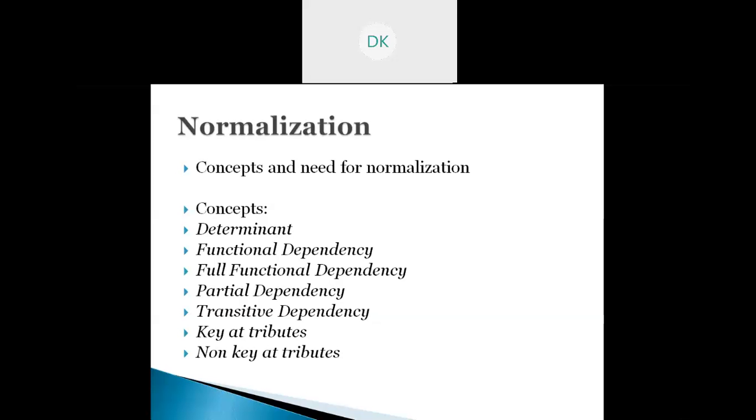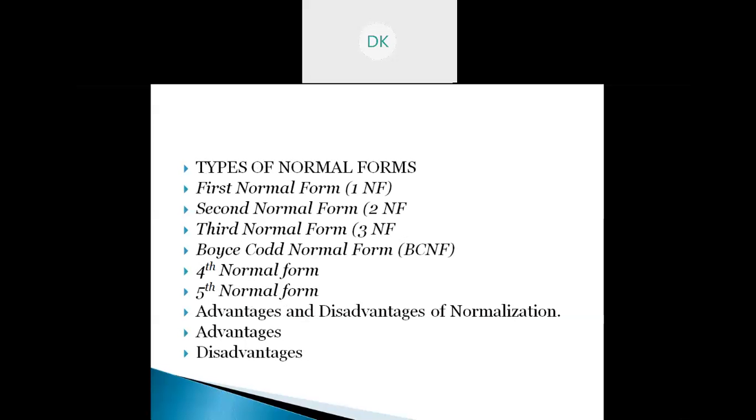Full functional dependency, partial dependency, transitive dependency is dependency through another table. Key attributes, non-key attributes. Types of normal forms, 1NF, 2NF, 3NF, these all have to be explained very pictorially. It's not feasible for this preview in the YouTube session. Fourth normal form, fifth normal form, advantages and disadvantages of normalization.